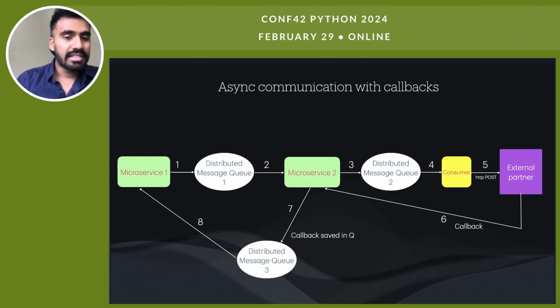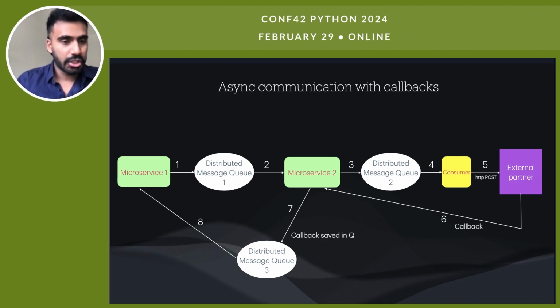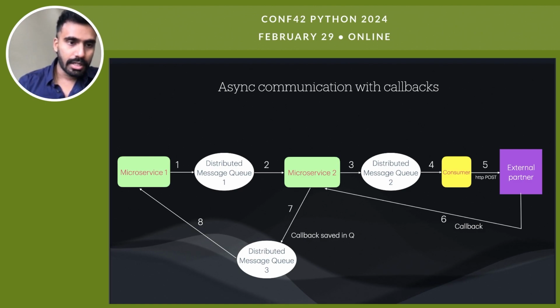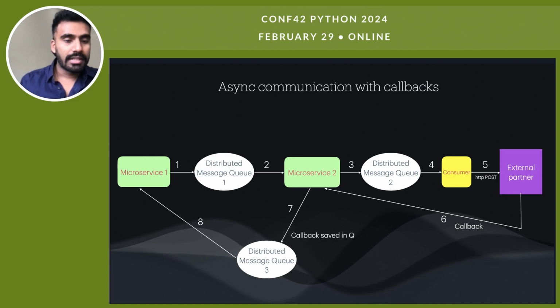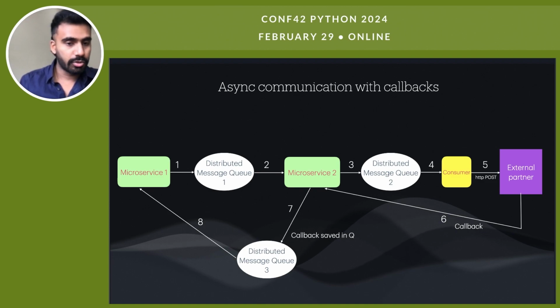So now at step number 7, when the callback is put in the queue, microservice 1 picks up that callback from the queue, and it tries to do processing like saving into the database and all those things. And if that process fails, that callback handler in microservice 1 won't acknowledge that it received the callback from the distributed message queue 3.